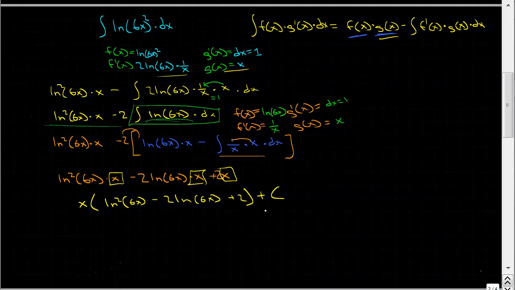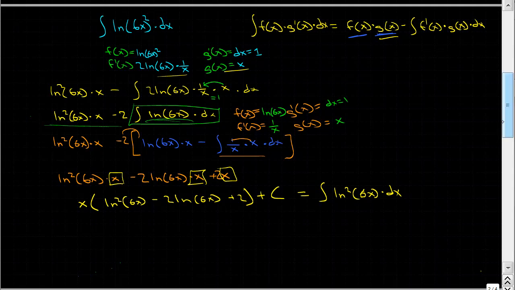Don't forget the plus c. I always do. And this equals, of course, the antiderivative of ln squared of 6x times dx. So as you can see, sometimes we have to use integration by parts twice.